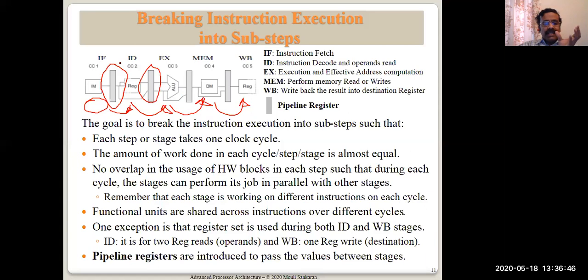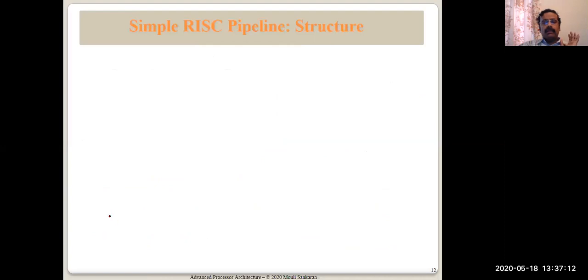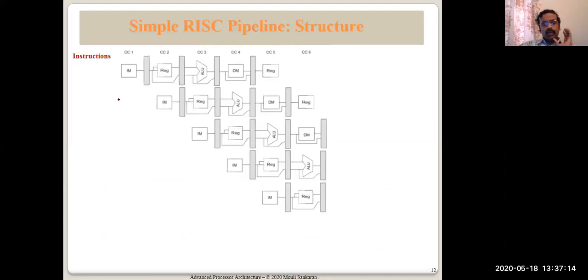So there should be some storage mechanism so that the information gathered here is stored and can be used in the next cycle. Similarly, what was here should have been written here so that I can use it during this cycle. These storage elements are registers, called pipeline registers. We will talk about it now. I am showing you a simple structure. This is how an instruction is flowing.